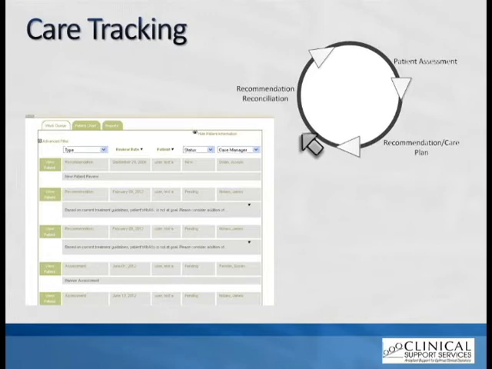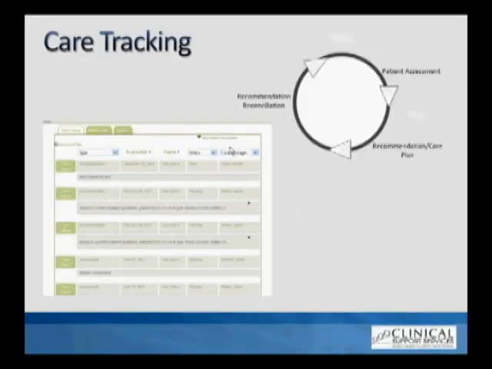And then at some point in the future, you have to resolve those recommendations, determine what worked, what didn't work, what was accomplished, what wasn't accomplished, so that you can go on to reassess the patient, conduct another patient assessment. And this cycle has to be done on a regular, systematic basis. And so we've built that into a work queue where every patient is tagged with a follow-up date and no patient falls through the cracks of care. A system where the system is thinking about the patient when they aren't necessarily thinking about the healthcare system.